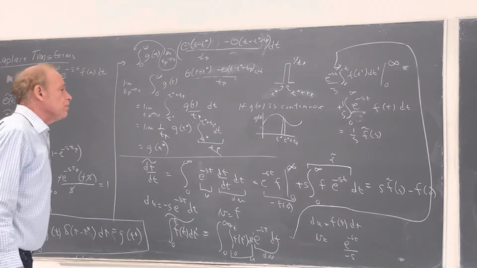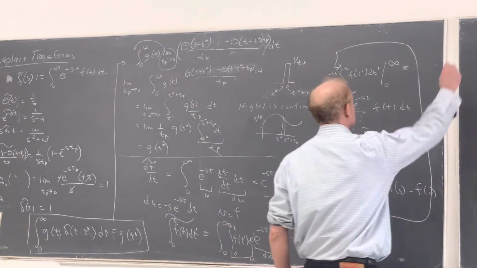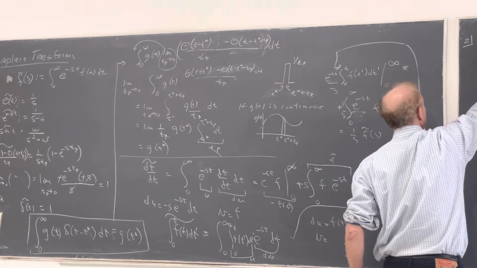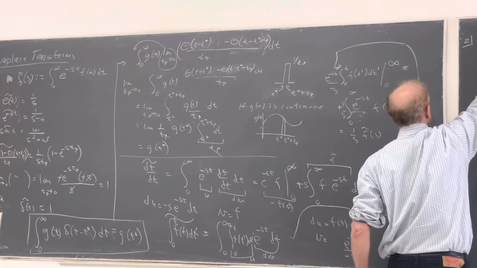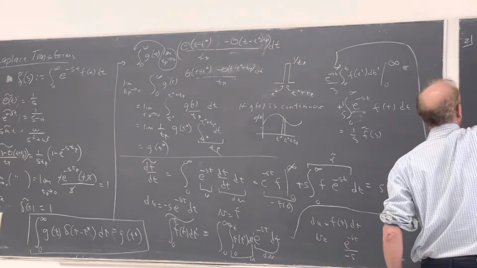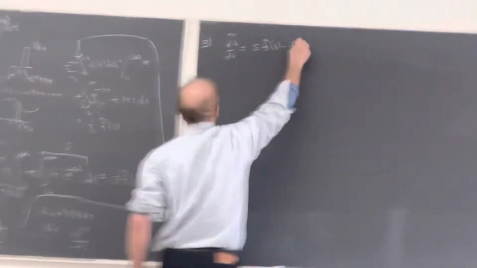So I have two important results there. Actually, they're all important. But the first one is the transform of df dt is equal to s f tilde of s minus f of 0.